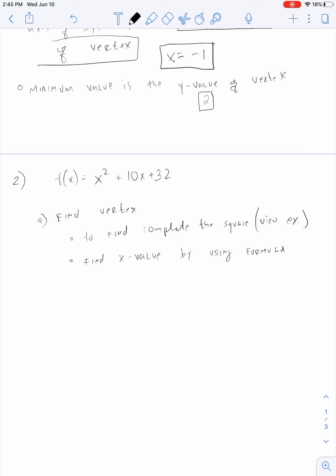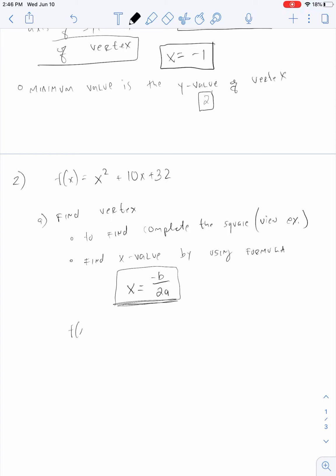And we find the x value by using a formula, right, which is x = -b/2a. So we can use this formula in order to find the x value.